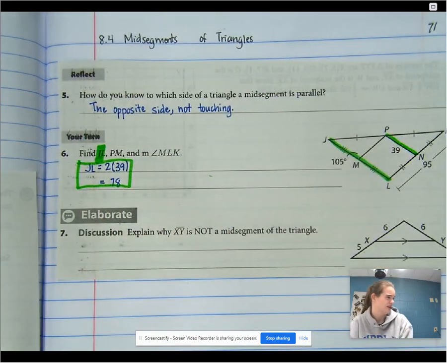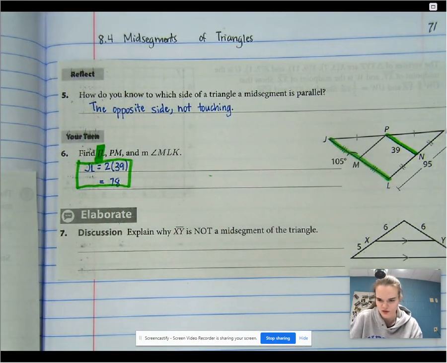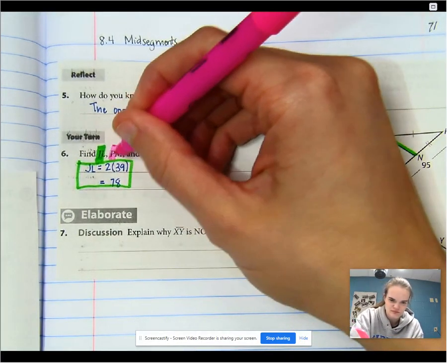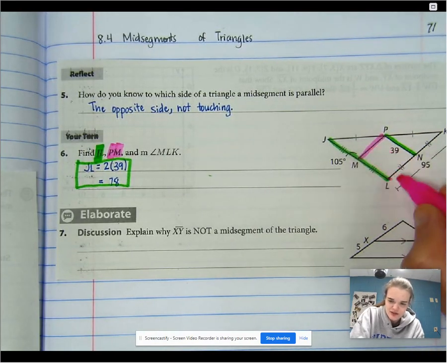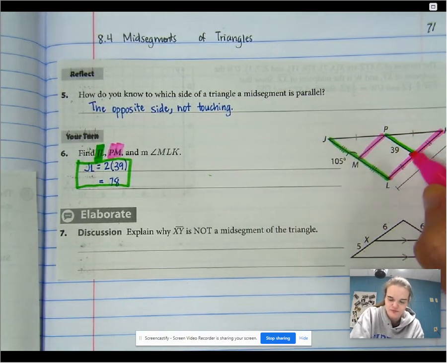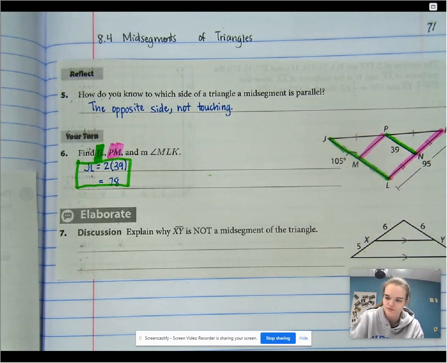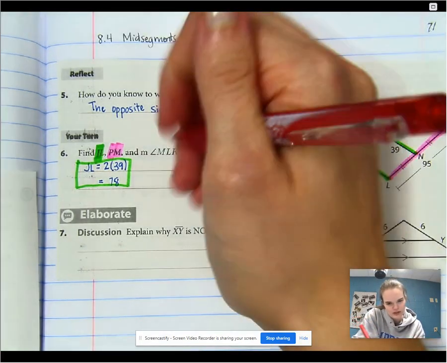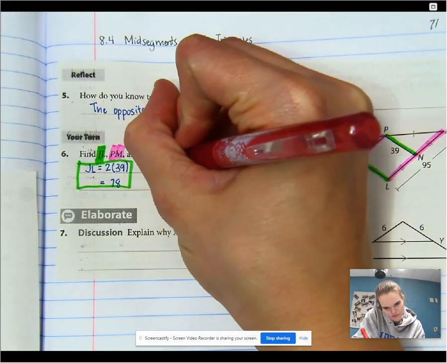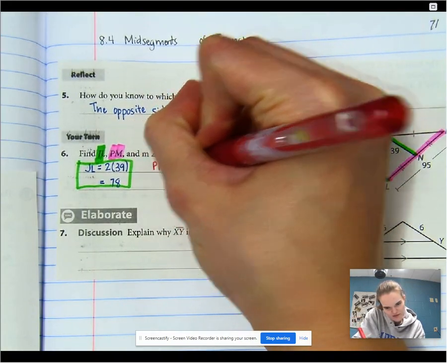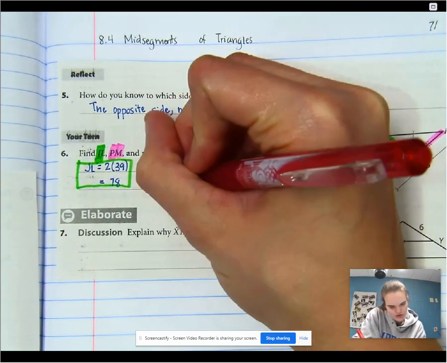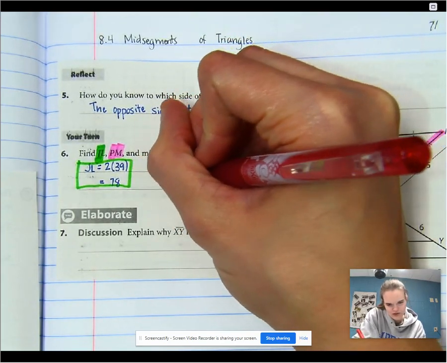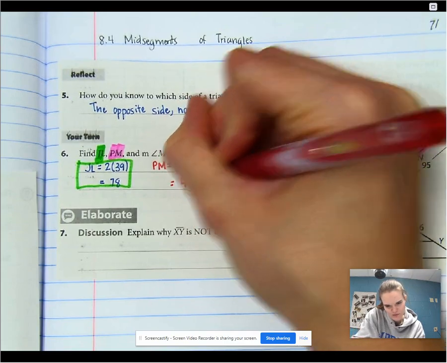I hope your book's ink isn't like mine. All right, next, PM. PM is here. It's the midsegment to, or sorry, it's opposite KL. So PM is equal to 1/2 of the whole length, which is 95. So PM is 47.5.